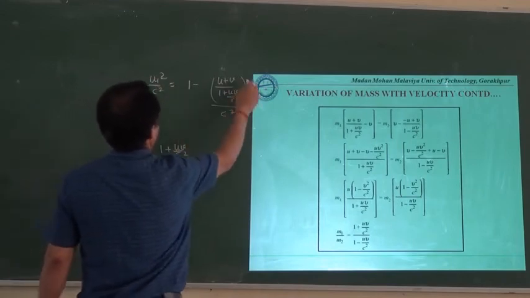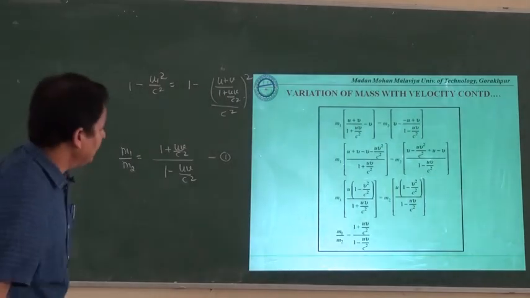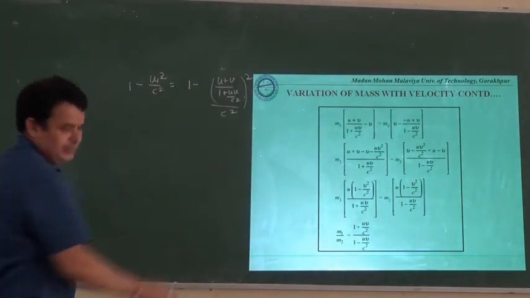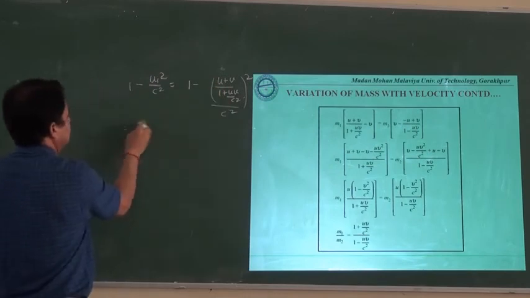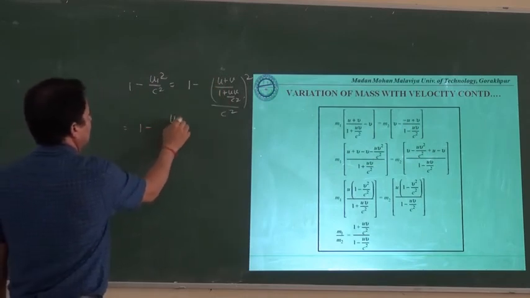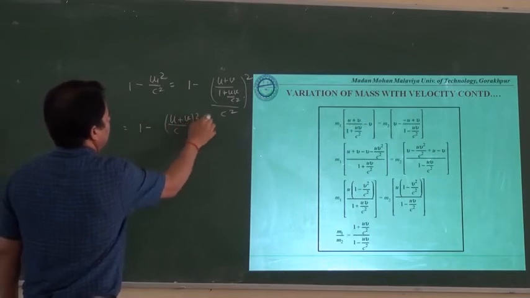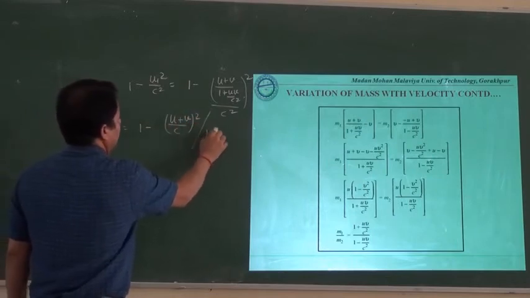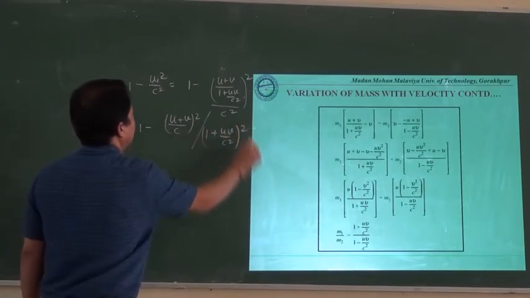And since this is square, that's why this will be also square. For our convenience, what we will do is take the c square here, and this expression will be 1 minus ((u plus v) upon c) whole square, and this entire expression will be divided by (1 plus uv upon c square) whole square.